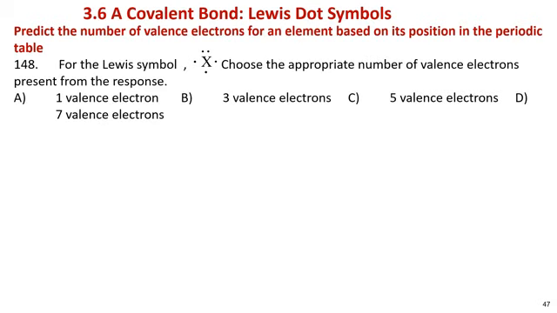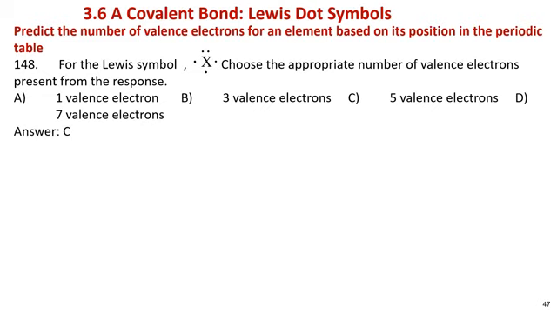Look at this question. How many valence electrons are there? Count how many valence electrons. So the answer should be what? If you are given a dot symbol and I ask you for valence electrons, you count the number of valence electrons.